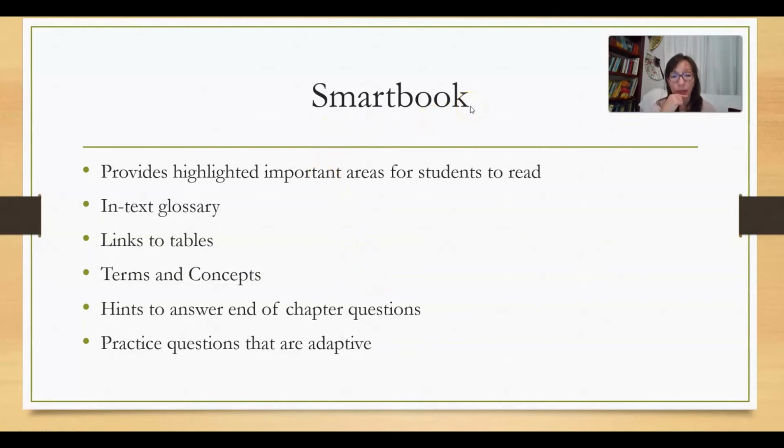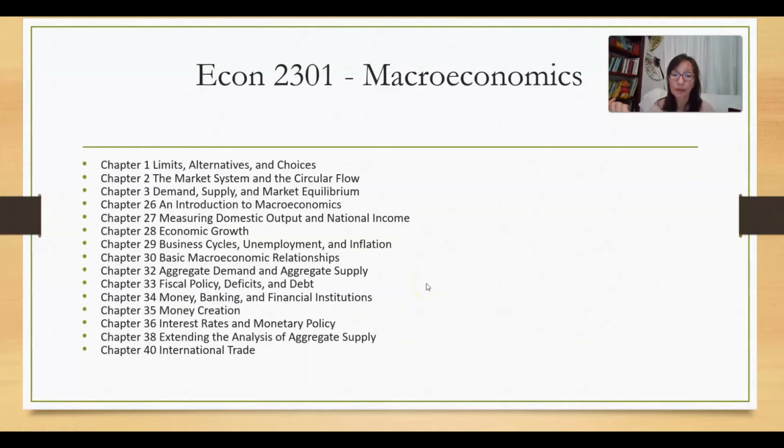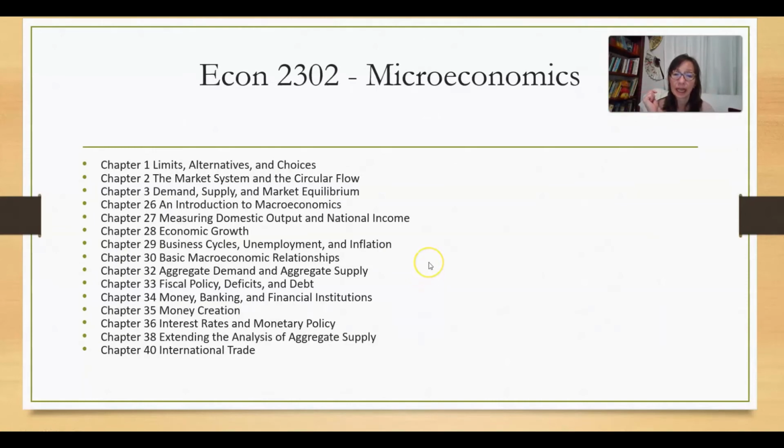In the smart book, you'll have highlighted important areas, in-text glossaries, links to tables, terms and concepts, hints to answer end of chapter questions, and practice questions that are adaptive. This is your macro content, and this is the micro content.